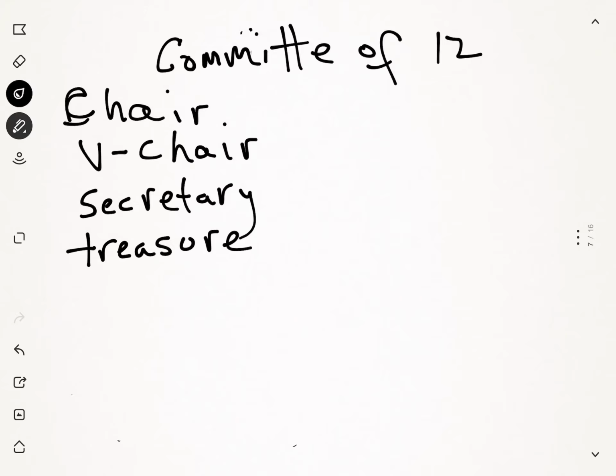Assuming that one person cannot hold more than one position. So we have a committee of 12 people. We have a chair, a vice chair, a secretary, and a treasurer. And we want to know in how many ways can we choose them, assuming that one person cannot hold more than one position.